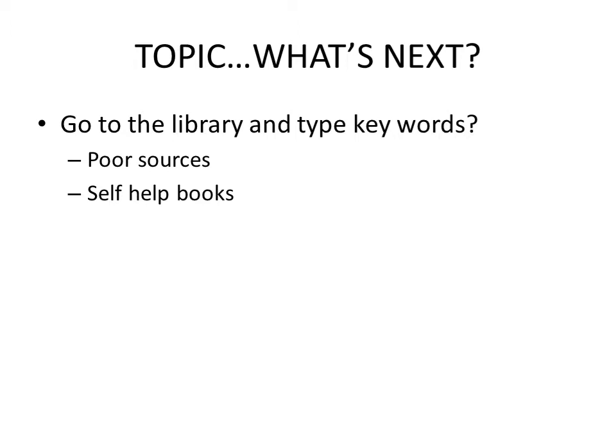Probably you'll get lots of results, and maybe most of those results will be self-help books. And there's nothing wrong with self-help books, but they are not academic books. They are not accepted in academic writing, so they are not very helpful.